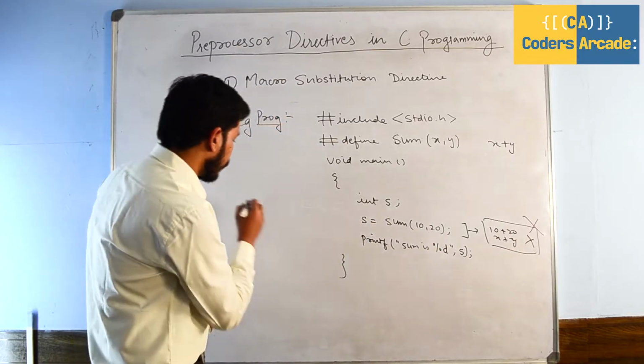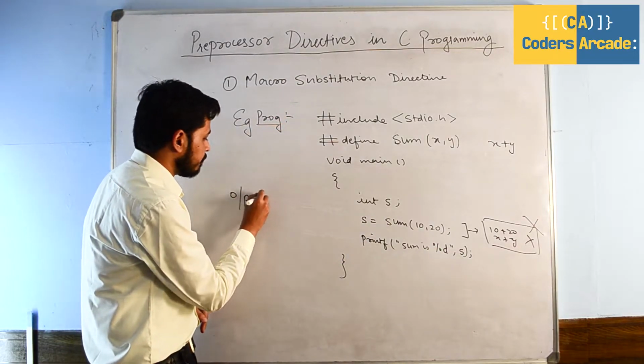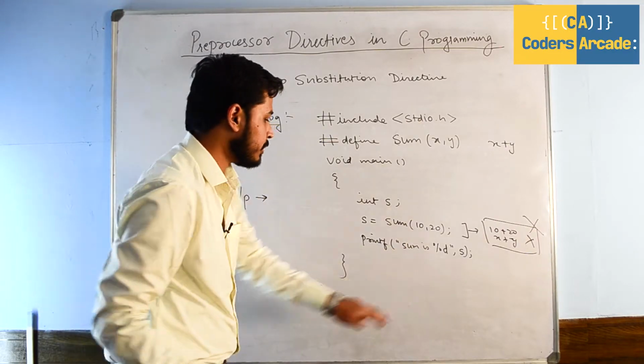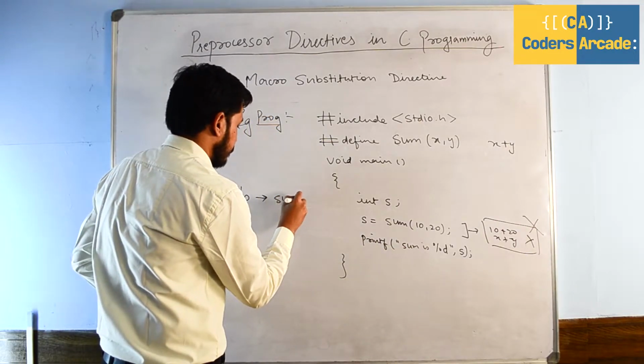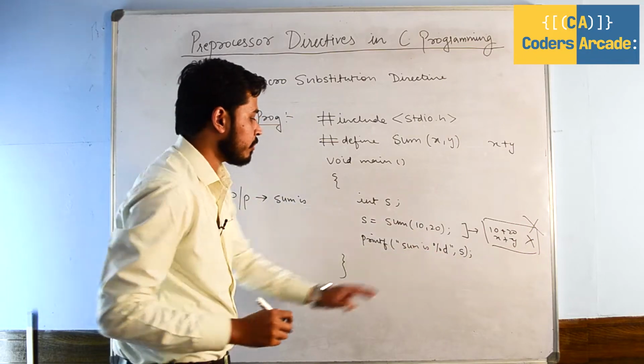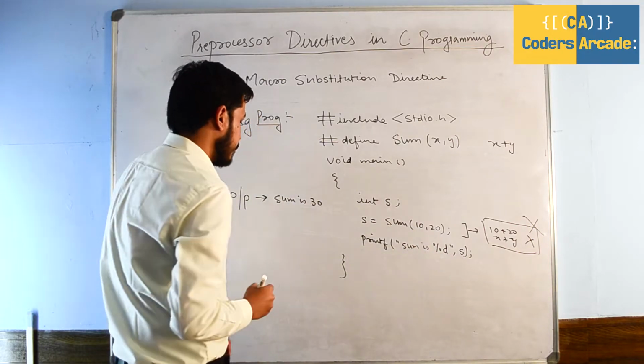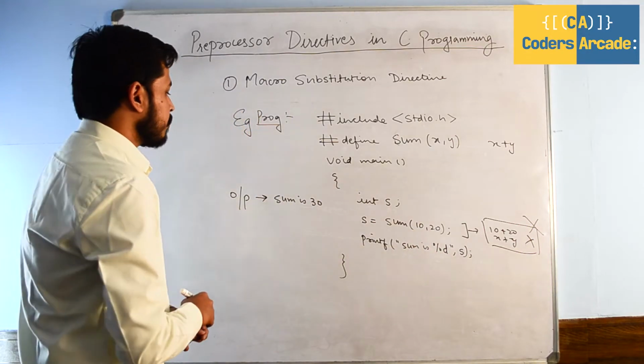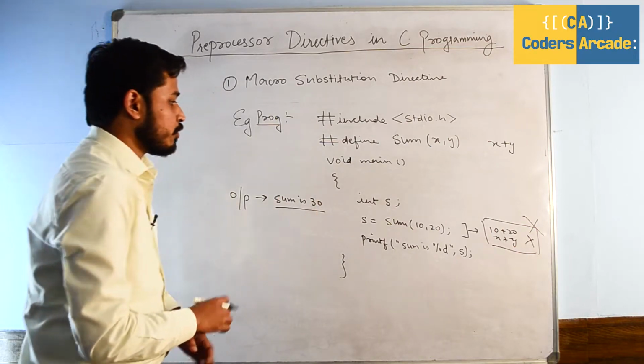So the output for this program will be: sum is, what will be the sum? The value of s will be 30. So this will be our output of this program.